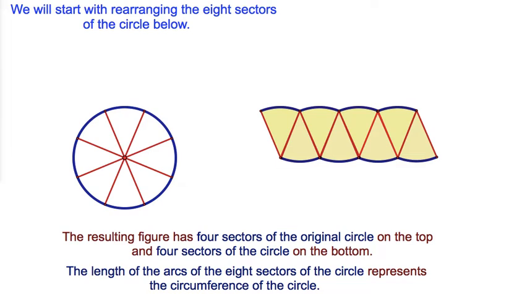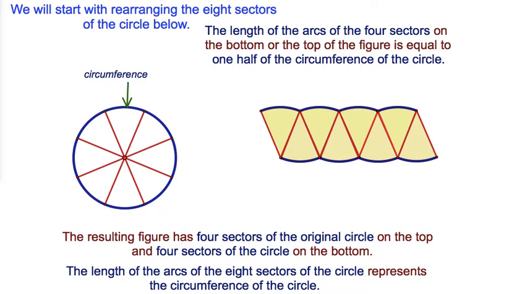The length of the arcs of the 8 sectors of the circle represents the circumference of the circle. The length of the arcs of the 4 sectors on the bottom or the top of the figure is equal to 1/2 of the circumference of the circle.